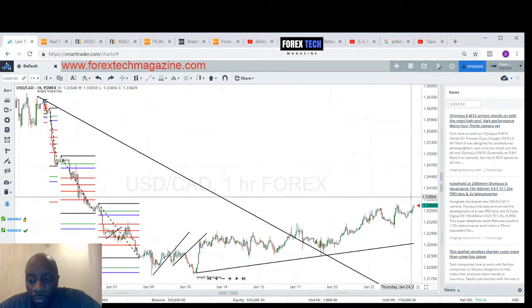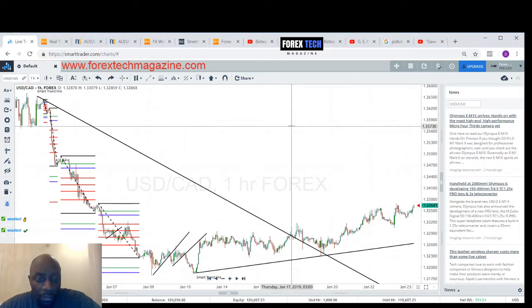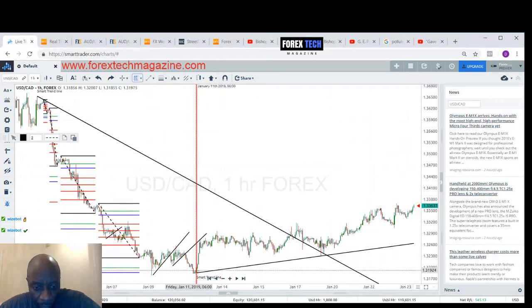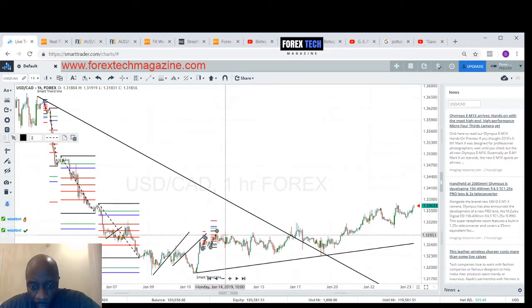It looks like it's going to probably push through the A. So now what you need to be looking for in this particular pair, in my opinion, would be, through, you need to probably be looking for buying opportunities.